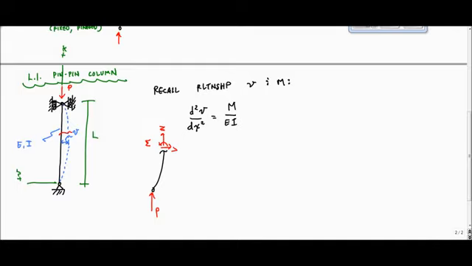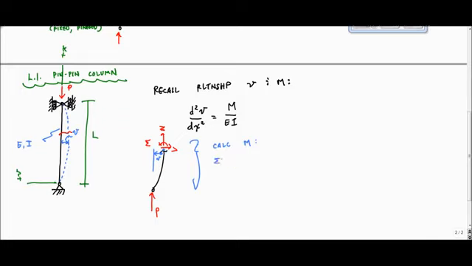The distance here in my buckled shape is a distance v, right there. If I want to calculate the moment M using this free body, I would take moments about this point.